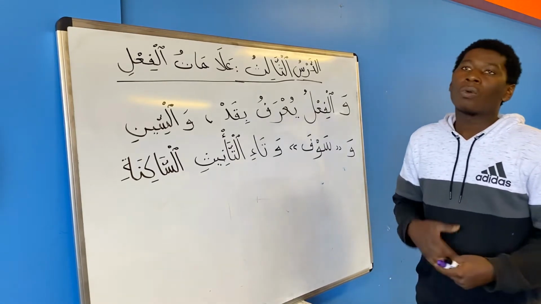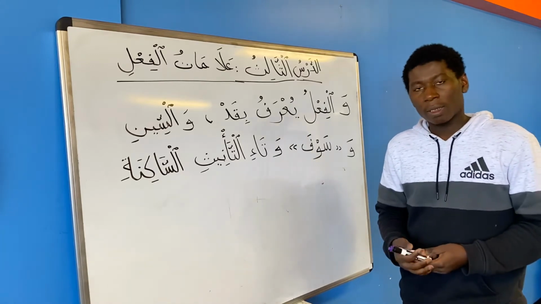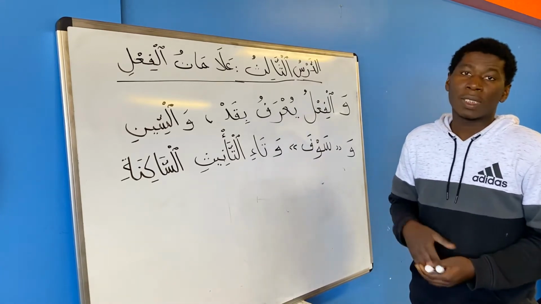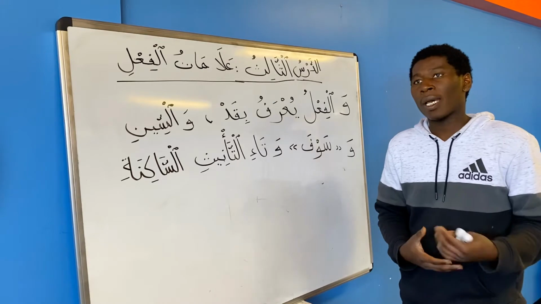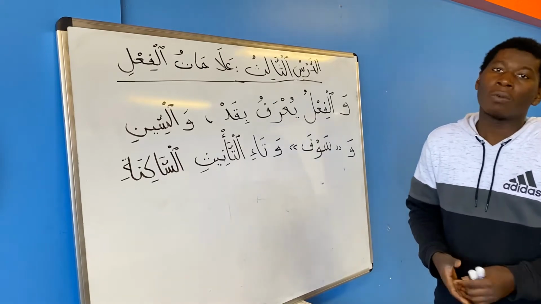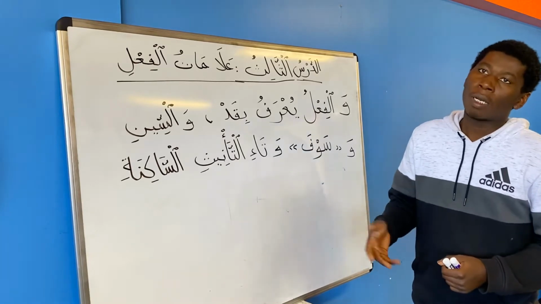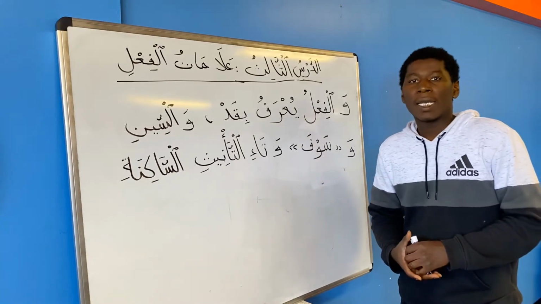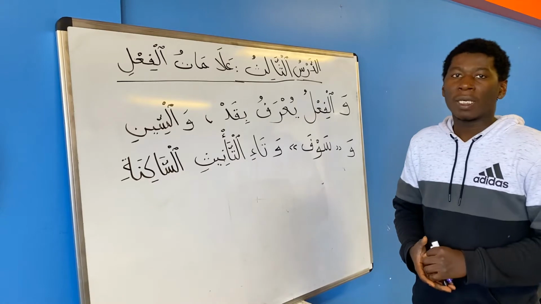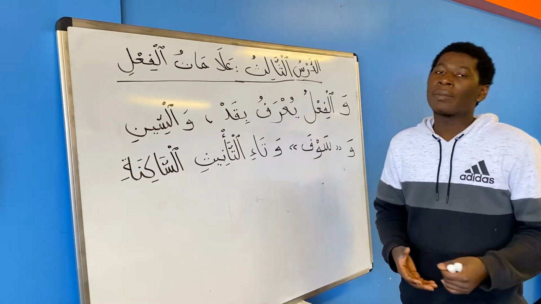So to go over what we did in the past, we started with Al-Kalam. Al-Kalam was defined as هو اللفظ المركب المفيد بالوضع وأقسامه ثلاثة الاسم والفعل والحرف جاء لمعنى.